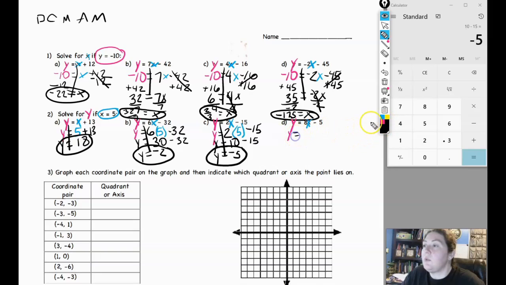Y equals 8. I come to an x. X is going to be 5. And I'm going to bring down this negative 5. I haven't touched it. Now I can solve. Do I have anything to distribute? No. Do I have anything to combine? Yes, I do.